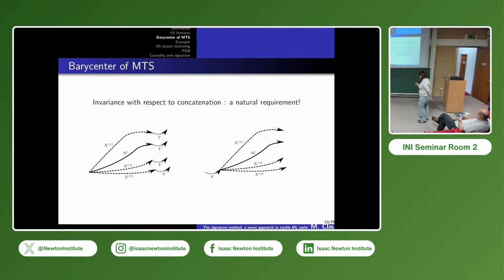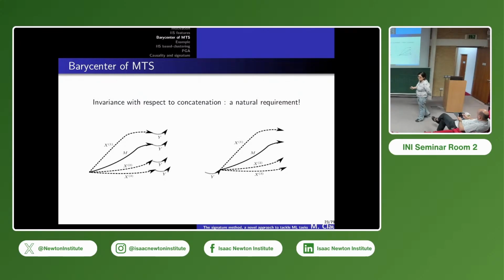You want that when you concatenate, the average plus concatenate is the same as concatenate plus average. And it is exactly the idea. To have this, it is a group property, which is invariance with respect to the group product. If you don't have that, it is not meaningful from the practical point of view.